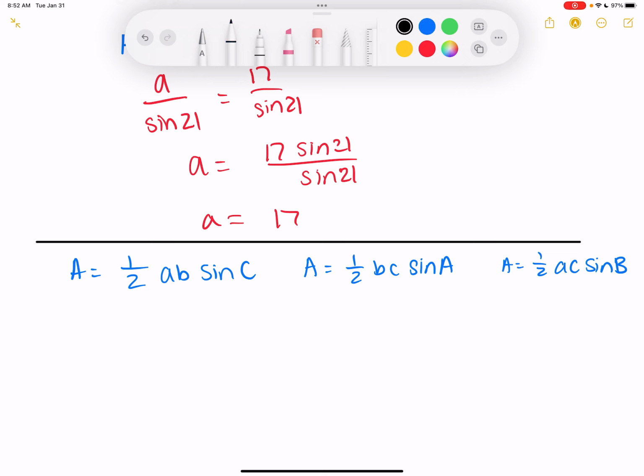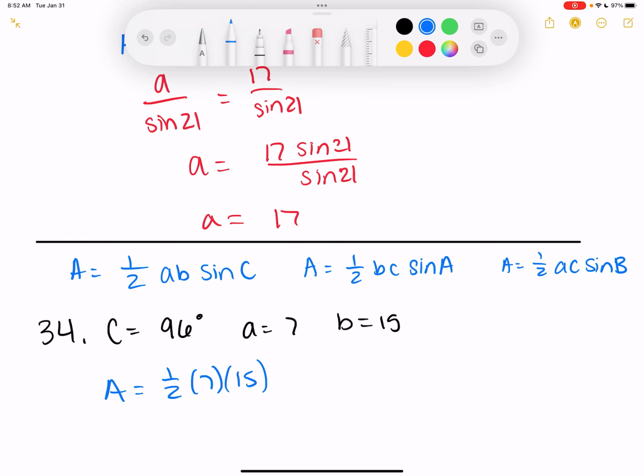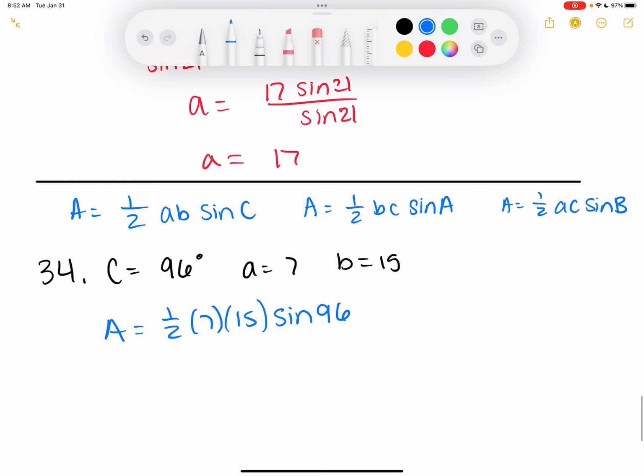Anyways, okay. So 34, C is equal to 96 degrees, A is 7, B is 15. So we just plug in the stuff. So 1/2 times 7 times 15 times the sine of 96. And then you just put that in your calculator.